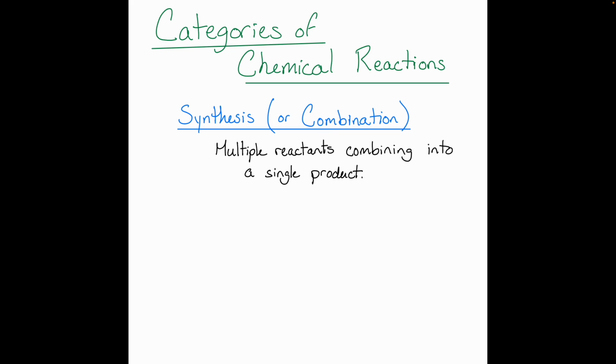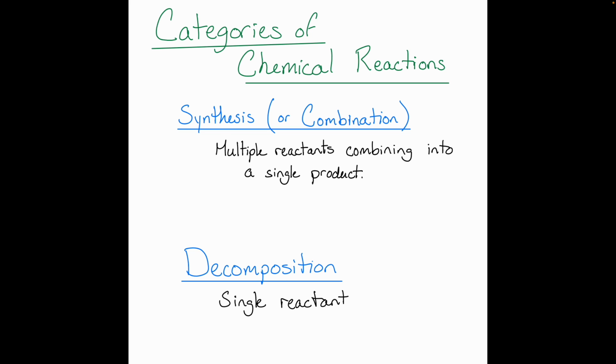Okay, and then the flip side of this are what are called decomposition reactions. These are reactions where you have a single reactant decomposing or breaking up into multiple products.